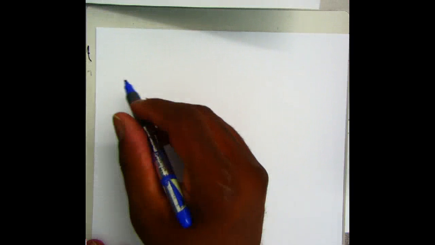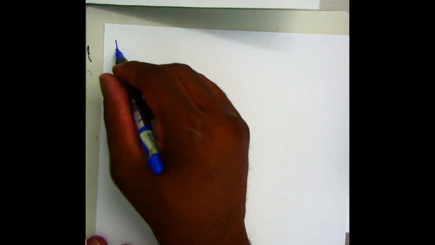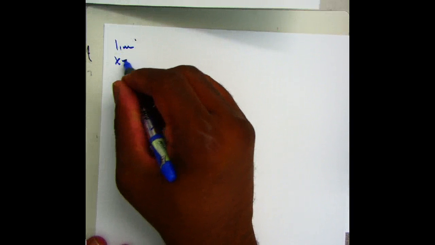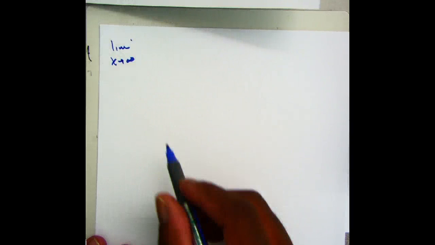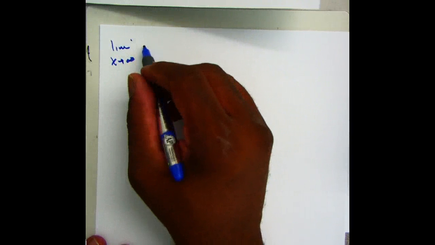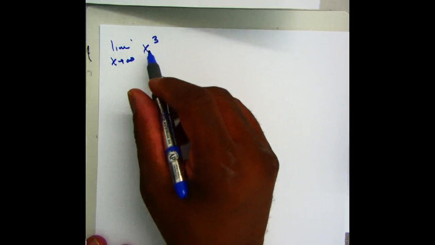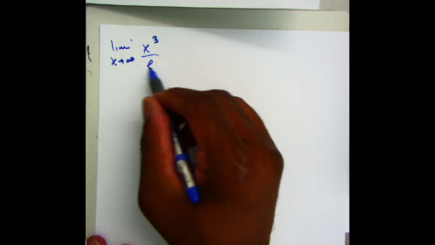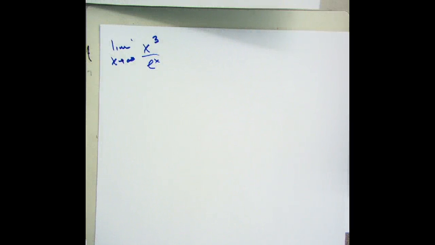What's the limit as x goes to infinity of x cubed divided by e to the x? Now, as x goes to infinity, both of those functions, f of x and g of x, are going to infinity.